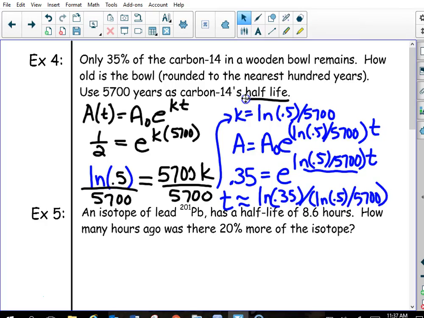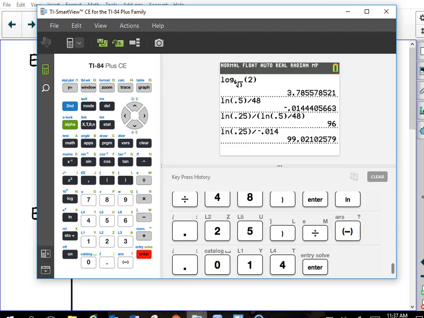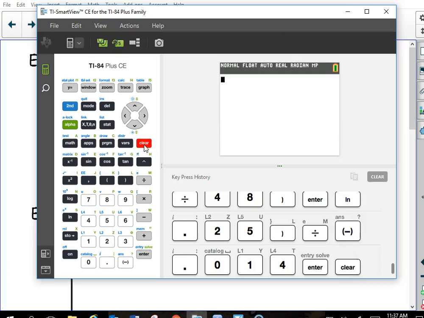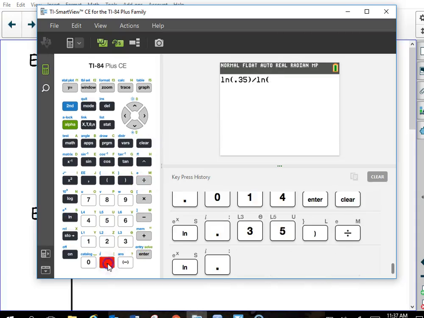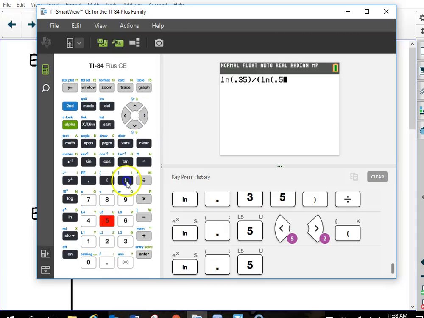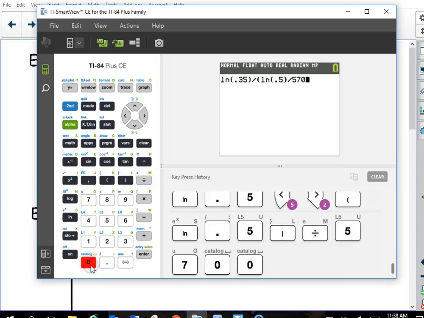All right, to the calculator. Okay, I'm going to divide that by ln of 0.5. No, I need parentheses. Otherwise, it will not do the right order of operations. Divided by 5,700, and my parentheses on the division in the denominator, and here we go.